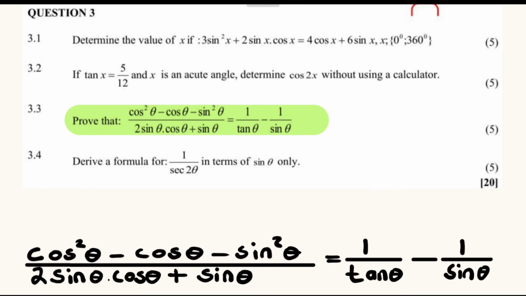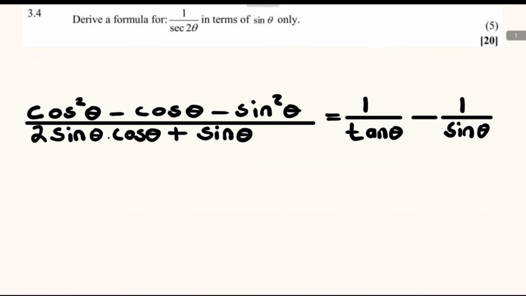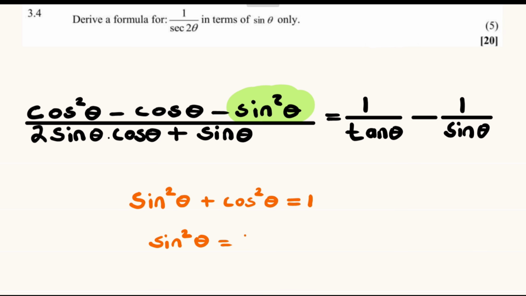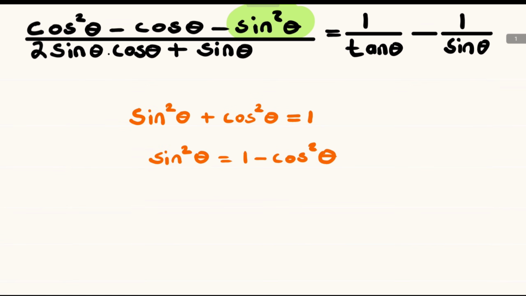Question 3.3, we prove this trigonometric identity and we take the complicated side, the left hand side, and we use the trigonometric identity sin squared theta plus cos squared theta is equal to 1. And we are going to make the sine squared theta the subject of the formula. So we have sine squared theta is equal to 1 minus cos squared theta. So in the place of that sine squared theta, we'll substitute that.